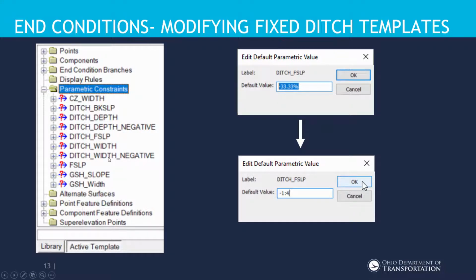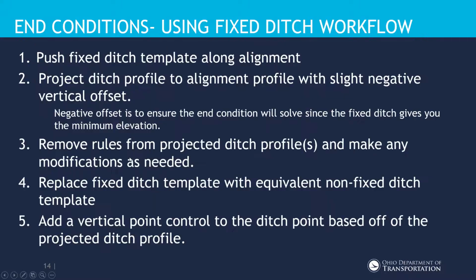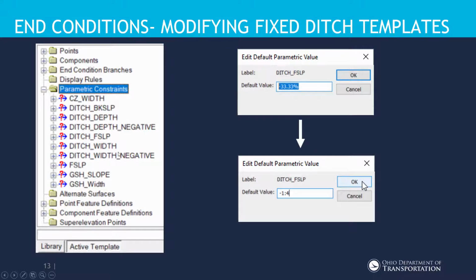The only other thing I want to mention is that for some of them you'll see a negative label and then a regular label. That's because that constraint appears twice in the template, but with opposite values. Like this ditch width is positive, and this ditch width is negative. Same thing with ditch depth.